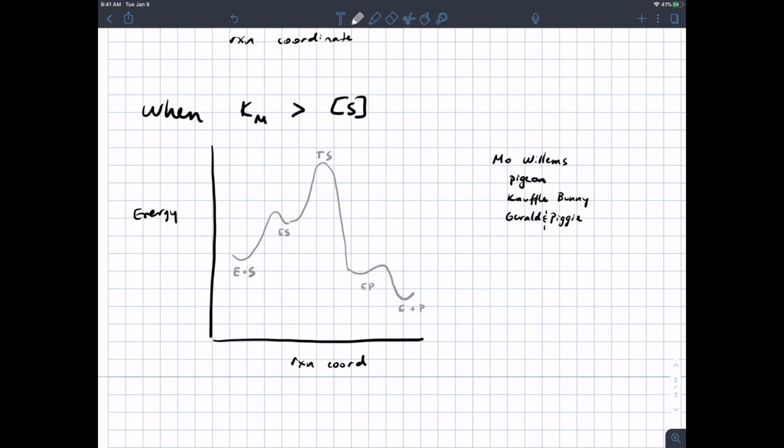Okay. So before we do anything, the activation energy for the reaction is the difference in free energy between enzyme and substrate and transition state. Not this difference.